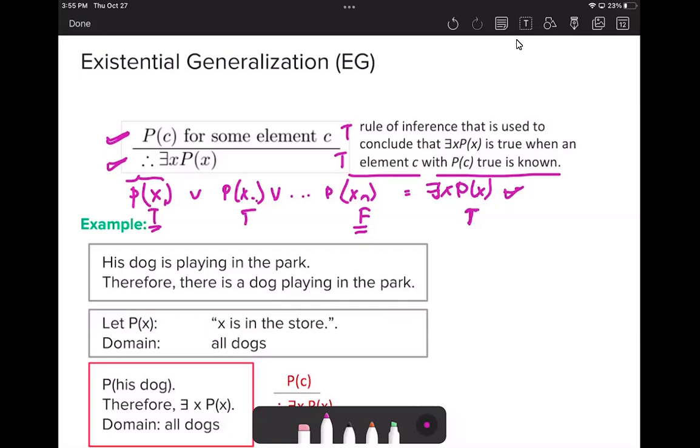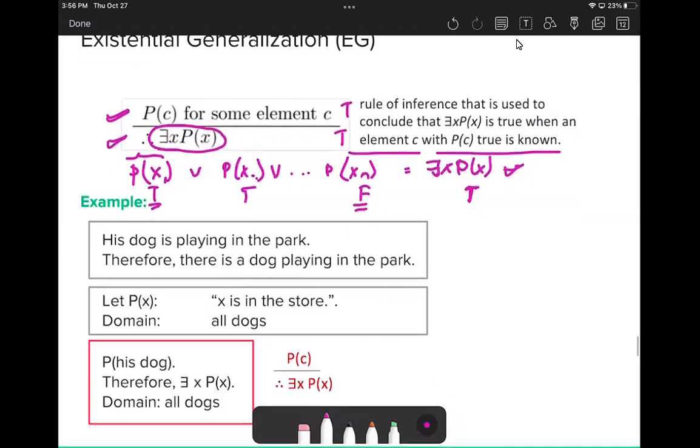So again, if there is just some element C for which P of C is true, then we can generalize that this existential quantifier is true.